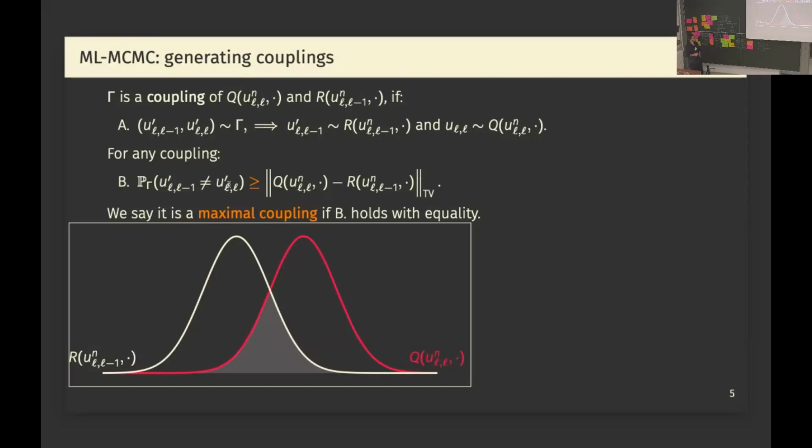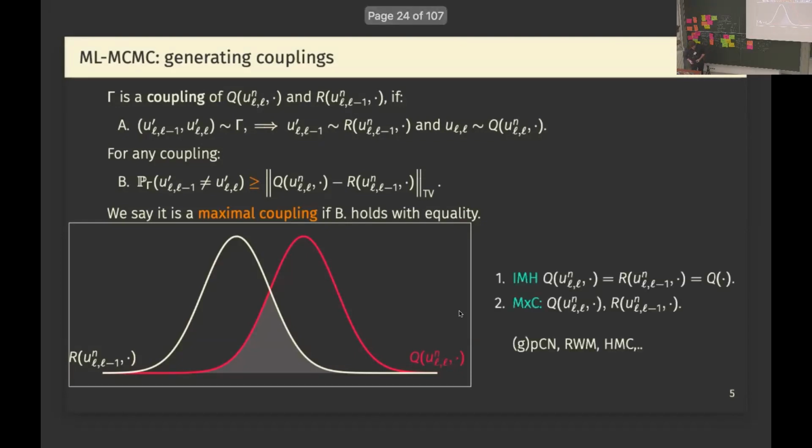And broadly speaking, sampling from maximal couplings is not too terrible if one has this holding with equality and wants to generate a maximal coupling between the probability distributions R and Q. One can think of implementing an algorithm that roughly works as sampling the same state with probability proportional to this shaded region here, and otherwise sampling something that is not the same.